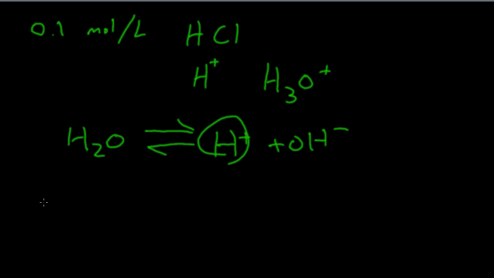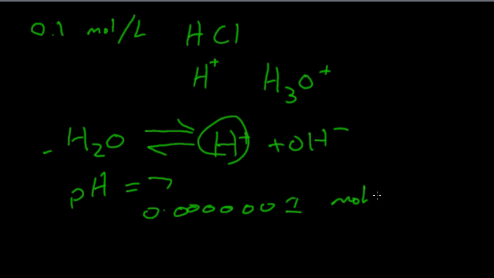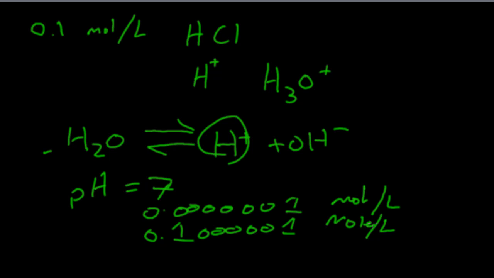And this comes up, or rather doesn't come up in acids a lot, because if the pH of this equation is 7, that means it's 0.0000001 mole per liter. And when you add that to something that's pH 1, which is 0.1, that just means it's 0.1000001 moles per liter. That's basically the same number.